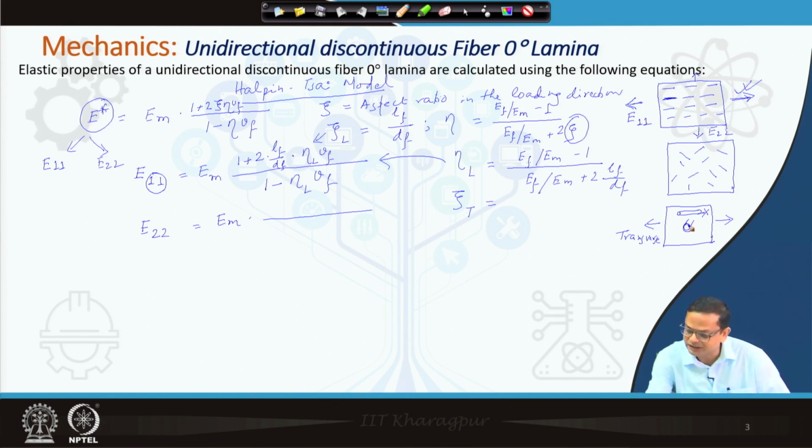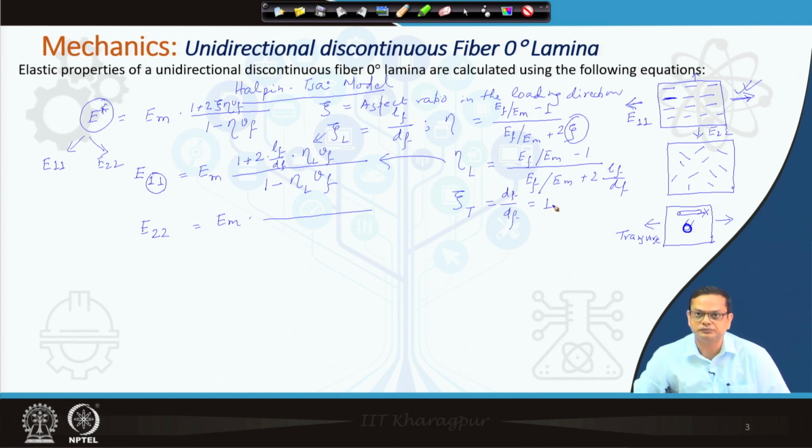So, in this case, what is the aspect ratio? If you remember, in the last class I mentioned that in the transverse direction the fiber is basically considered as a spherical hard particle. So in this case the aspect ratio is d of fiber over d of fiber, which is equal to 1.